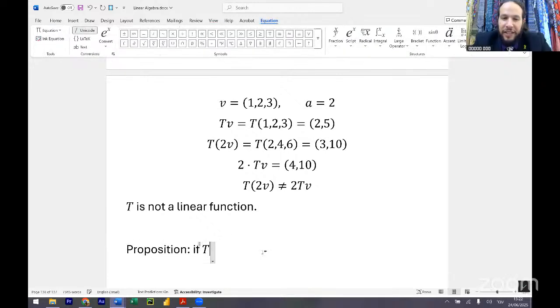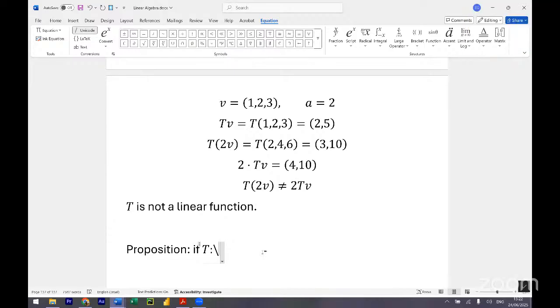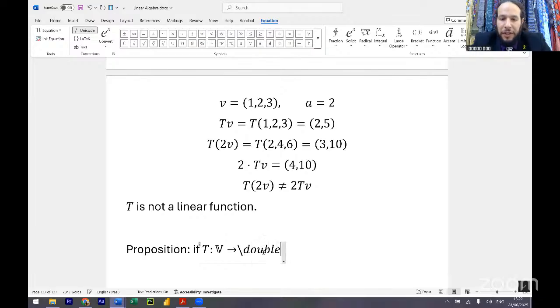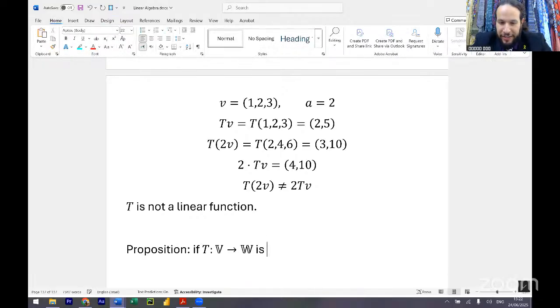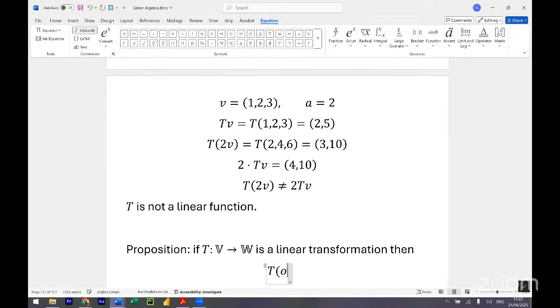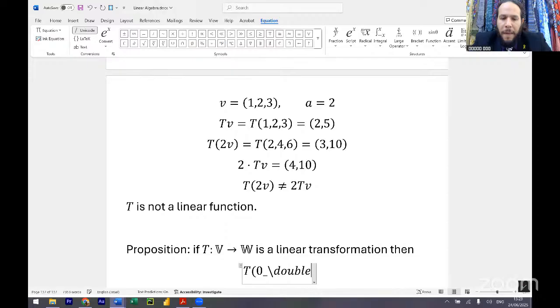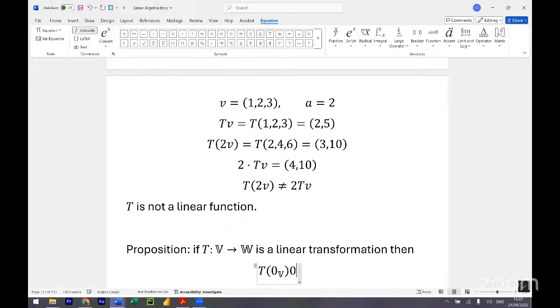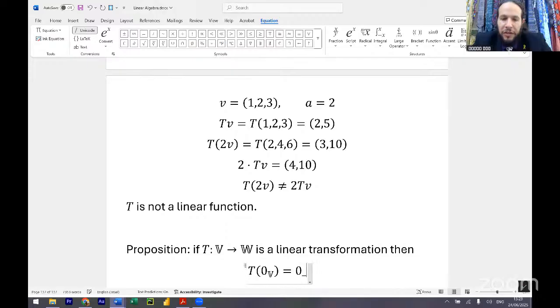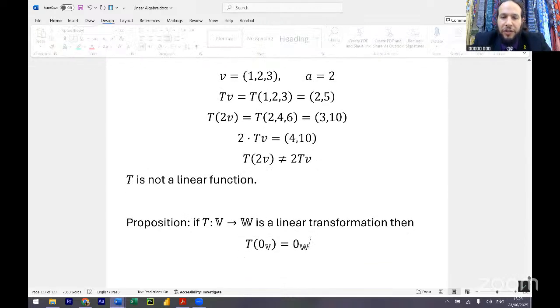If T from V to W is a linear transformation, then T of the zero vector must be the zero vector. So the zero vector must be sent to the zero vector.